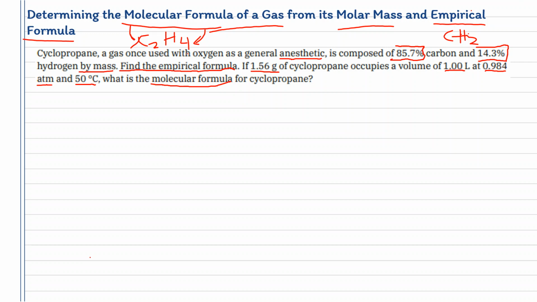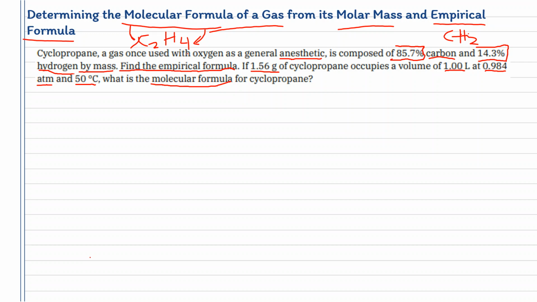So we already know that our compound, which is cyclopropane, is made of two things, carbon and hydrogen. So we are one step closer to finding the empirical formula. We already know it's carbon and hydrogen, but now we want to find out the ratios, the simplest whole number ratio. So let's start.